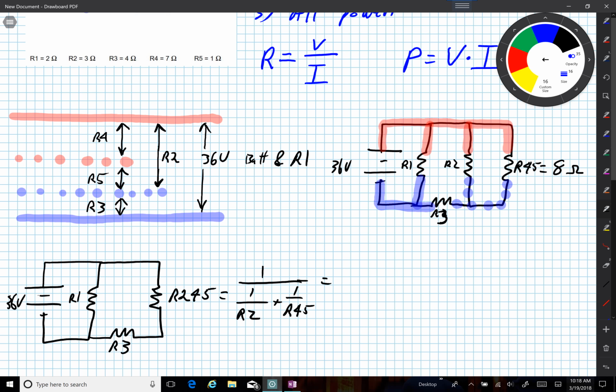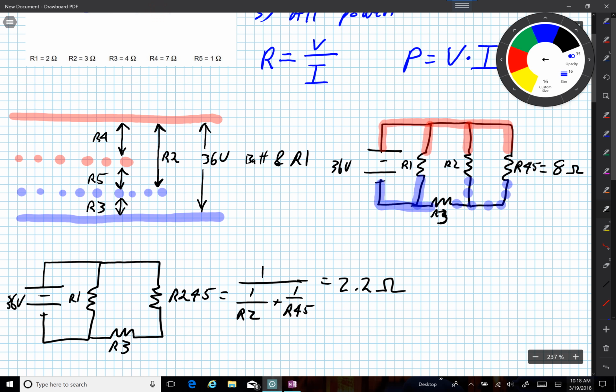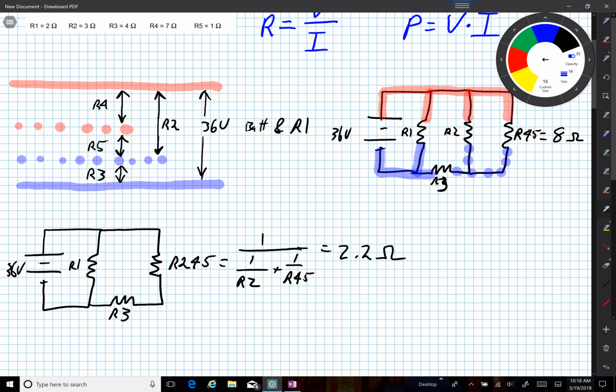R2 is 3 ohms, 1 over that. R4,5 is 8 ohms, 1 over that. Add those together, and then take 1 over that, and I get 2.2. Actually 2.18, but I'm rounding. You keep all the digits.